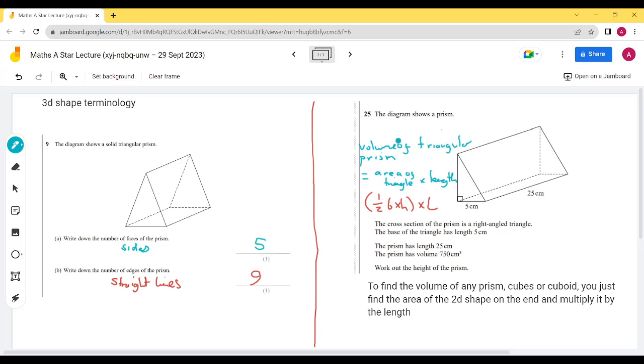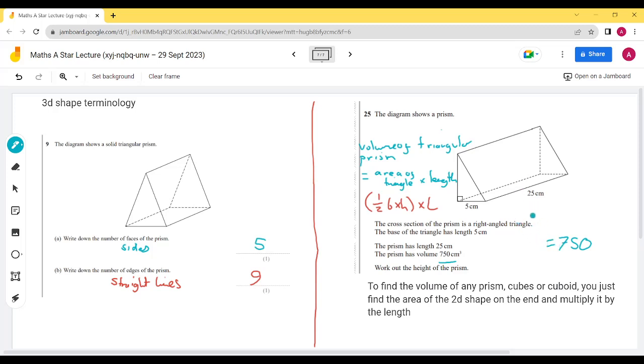So here we've been given a volume already, and we have got the length of the shape. So we've got our equation here. And what you would do, in effect, is put all the information you've got into the equation. So we know our volume is 750, so it's going to equal 750.